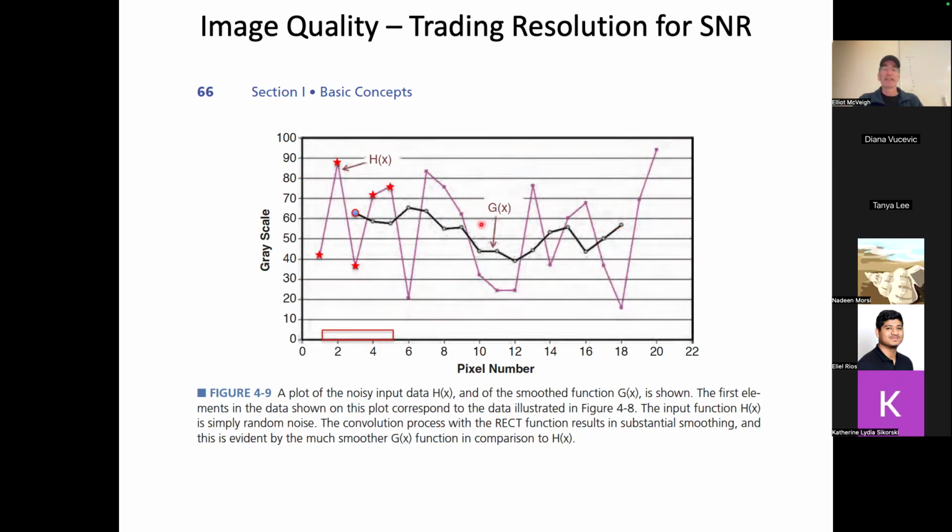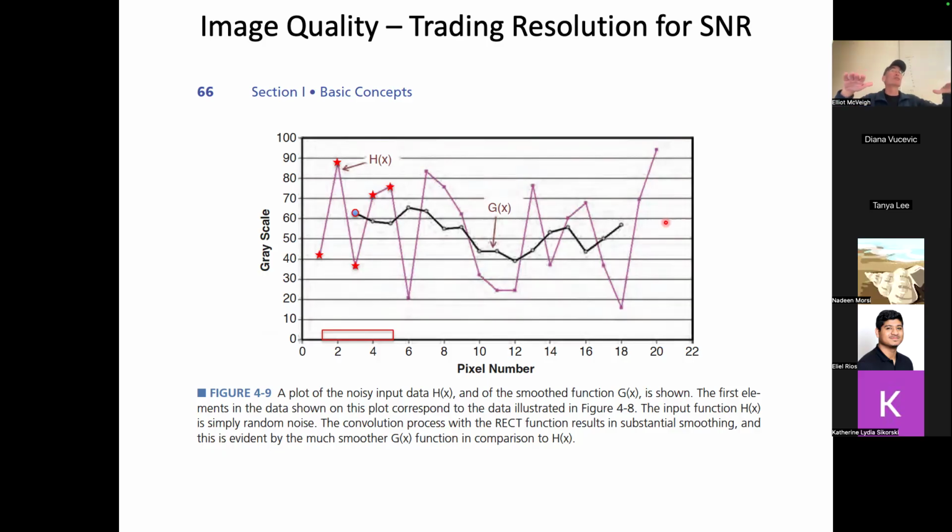If instead of 5, I said I really want to smooth this out, and I take 10 on each side and then calculate the average, eventually this black line, the output from the smoothing, will be a flat, constant line. At that point, you have a super signal to noise image, because you have no noise left, but you don't have an image either. You just have an average value.